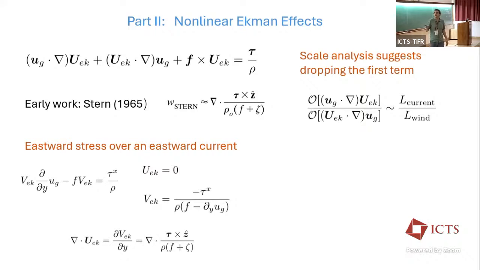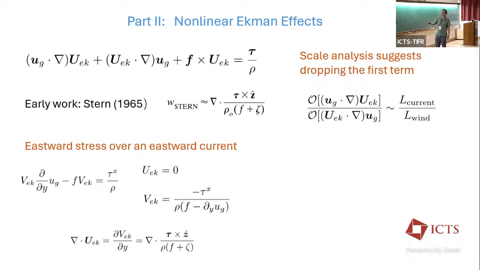But instead of taking the Ekman transport to just be balanced by the Coriolis and wind stress, I'm going to allow for nonlinear or advective terms to come in. So there's u Ekman dot grad u geostrophic and u geostrophic dot grad u Ekman. At this point, I'm still assuming everything's slowly varying, so I don't have a du/dt term here.